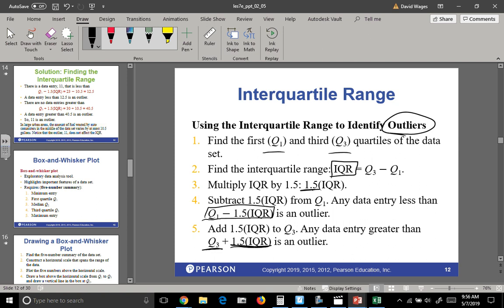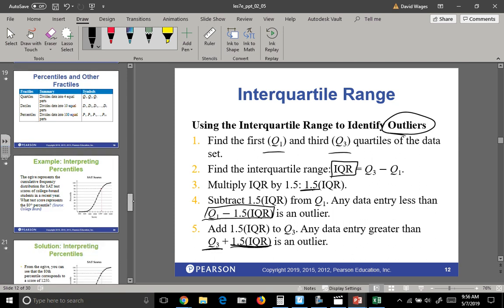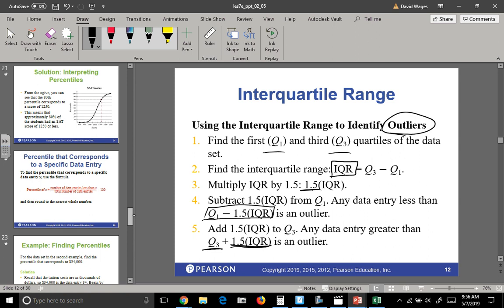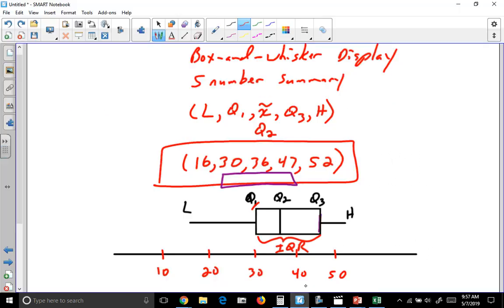The other topic in this section deals with what is referred to as a z-score or a standard score.